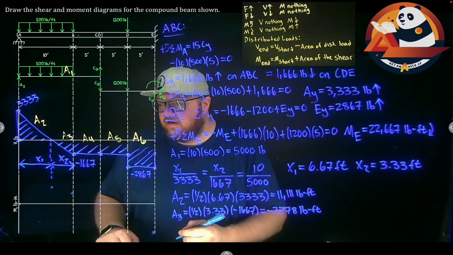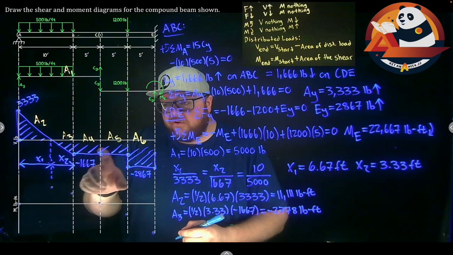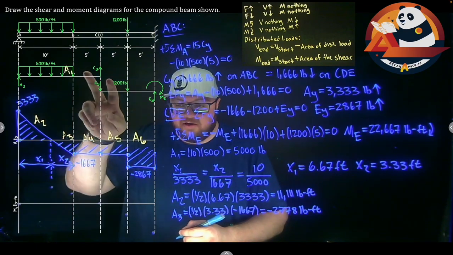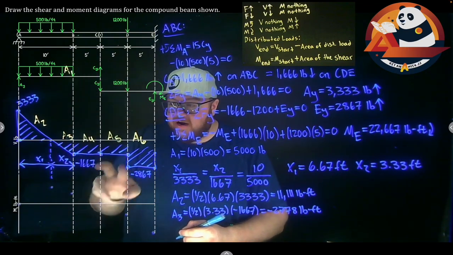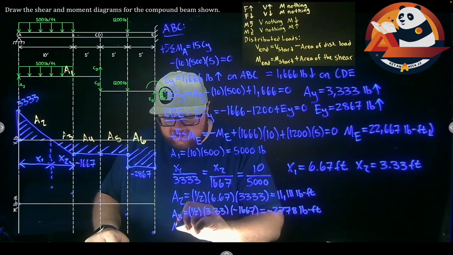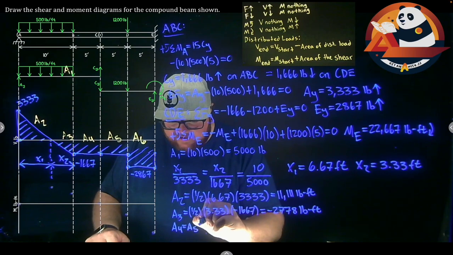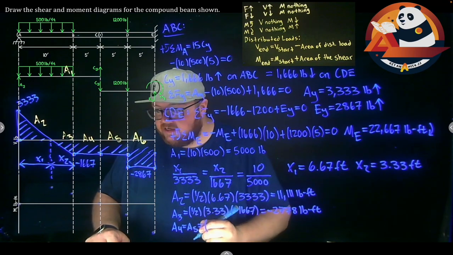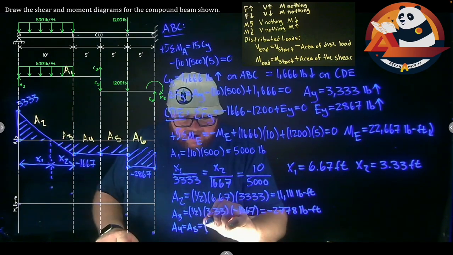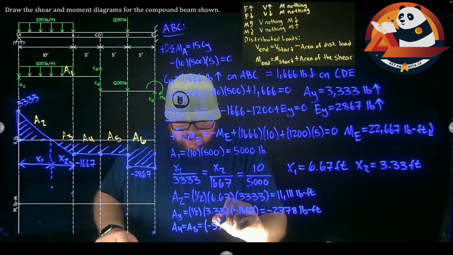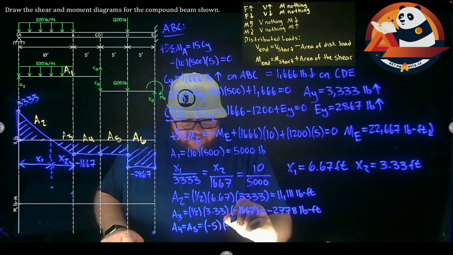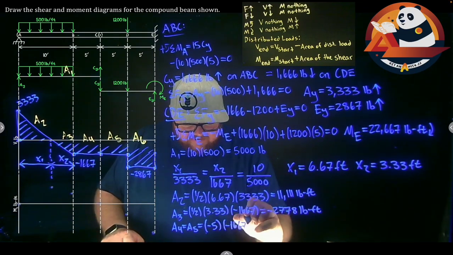Area 4 and area 5 are actually going to be equal to each other. They're both 5 feet wide. Our height is negative 1667. So let's just do those in one line. Area 4 equals area 5, which should get us to, our base is negative 5, and our height is negative 1667.